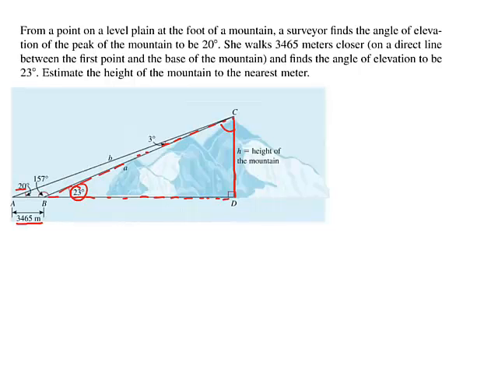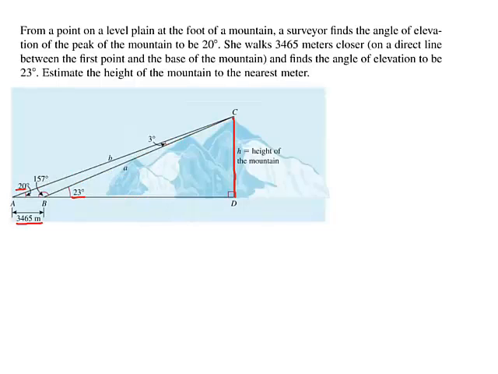However, we need one of these sides to be able to use SOH CAH TOA. So we're going to use this little triangle over here to find one of the sides, namely side A, because if we can find side A, that then is the hypotenuse of this right triangle. So what we'll do is use the law of sines, find side A, and then that A is a length for both of these triangles, so we can use it in the right triangle, and then ultimately find the height.